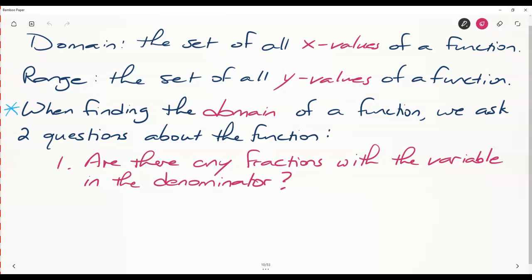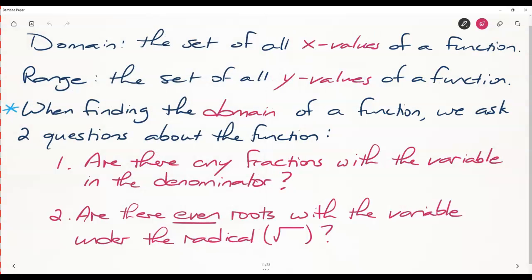The second question we're going to deal with is, are there any even roots, such as a square root, a fourth root, a sixth root, with the variable under the radical sign? And the radical sign is just the name of that square root symbol. Now, odd roots do not count. For example, you can take a cube root of -1. The cube root of -1 is -1 itself.